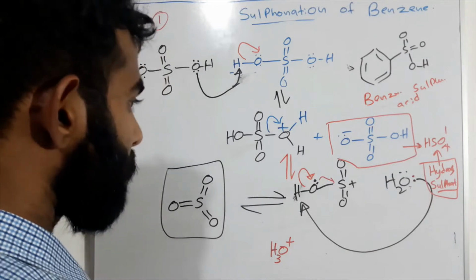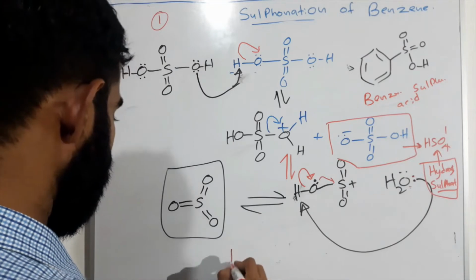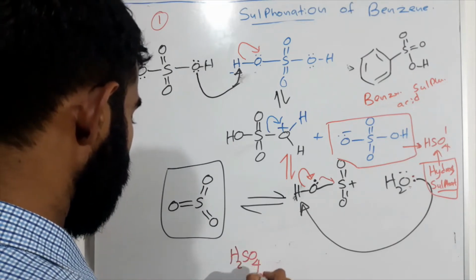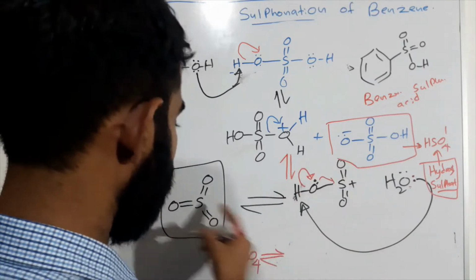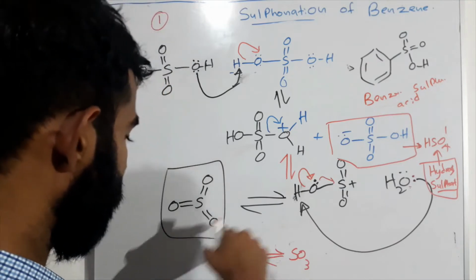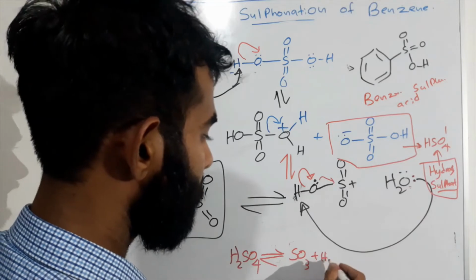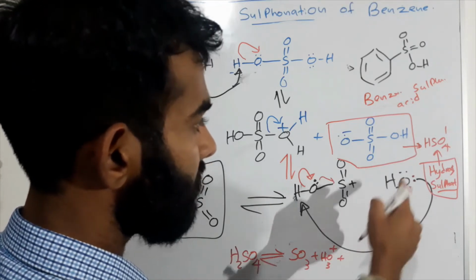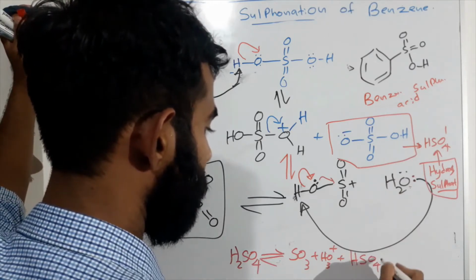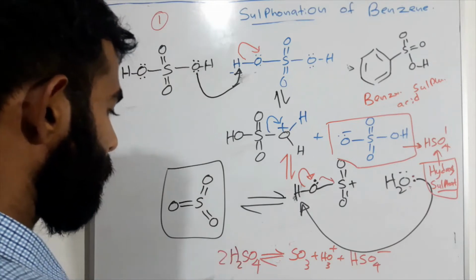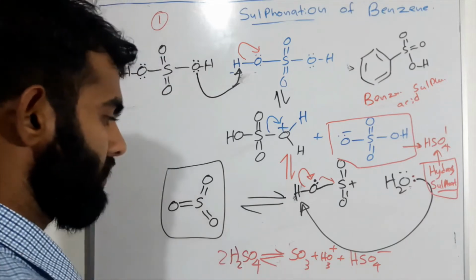If I write down the overall reaction here, H2SO4 will reversibly form SO3. One product is SO3, next I erased here one H3O plus, and another one is this hydrogen sulfate, HSO4 minus. So this is the overall reaction.